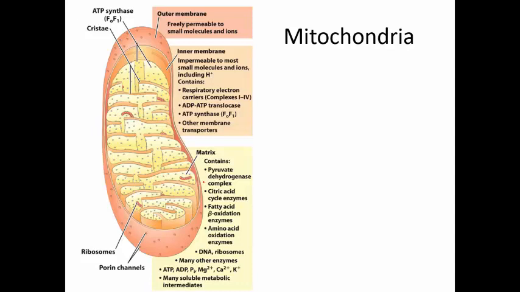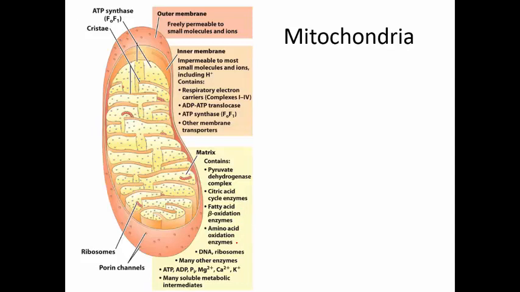And the matrix also contains many important soluble complexes that we've talked about, such as the pyruvate dehydrogenase complex, the enzymes of the citric acid cycle, and once we get there, the fatty acid oxidation and amino acid oxidation enzymes.